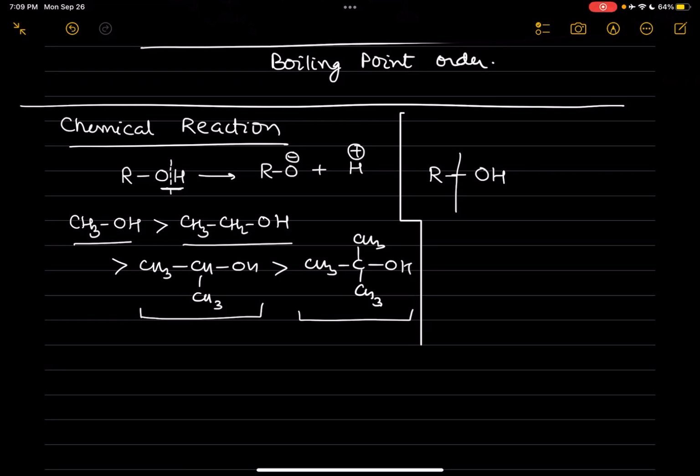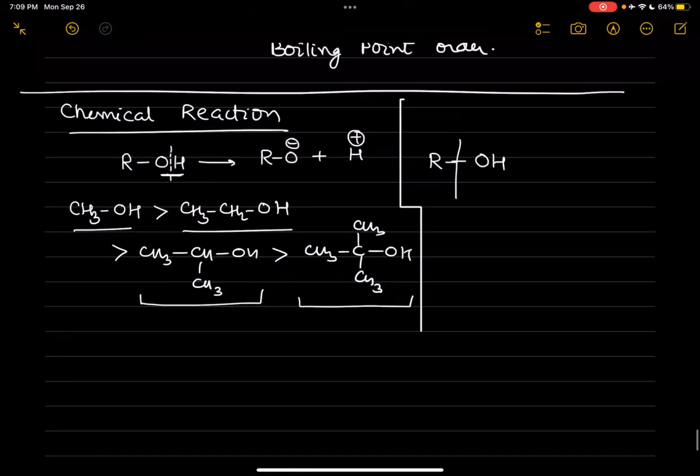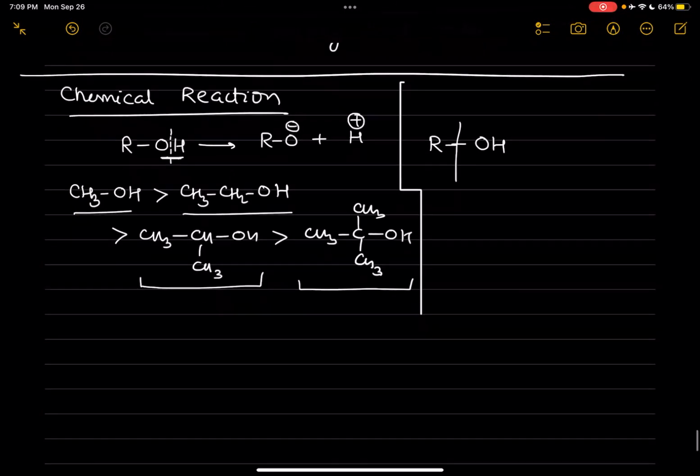Arshin? Imad? Yes, sir. This is only valid for aliphatic alcohols, meaning the normal alkyl group, not for phenol. So the more carbon atoms you have, the lesser the acidic strength, and the more difficult it is to remove the H plus.